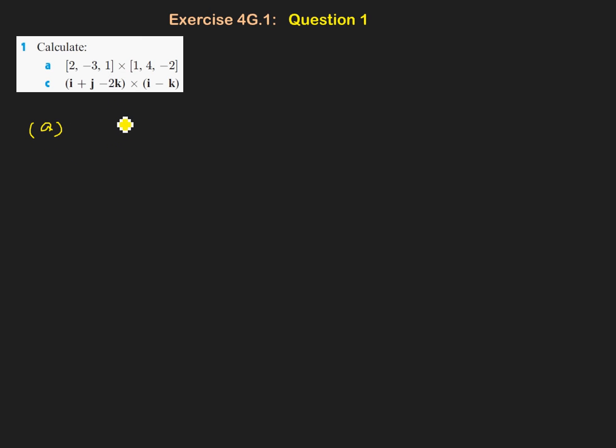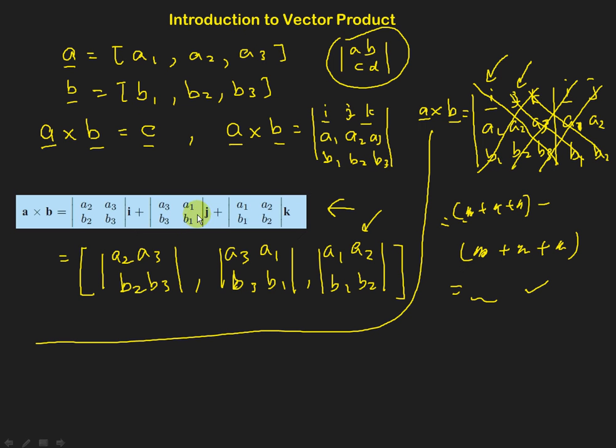Suppose, for the sake of discussion, let A be (2, -3, 1), and B be (1, 4, -2). What they ask you to calculate here is A cross B. If you're using the formula and you don't recall it, this is the formula here. You can take a good look.